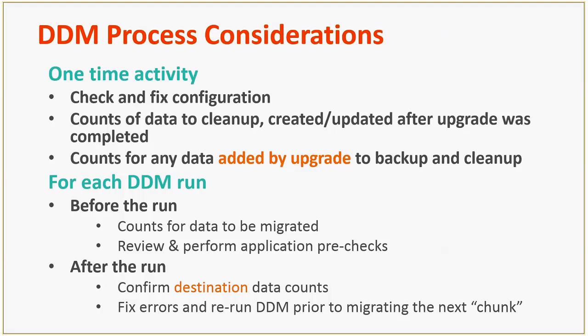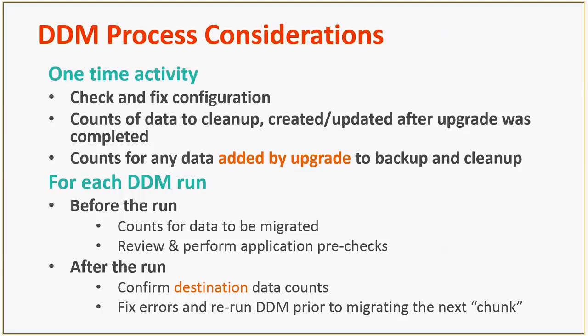And after every DDM run, make sure that your destination counts are okay and matching, or if it's a little bit over, you should know why. Maybe there's additional upgraded data there. Or if it's less, you have to check whether you had any errors, so that you rerun and make sure that data comes over, right?